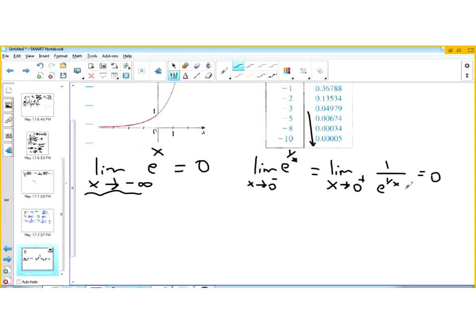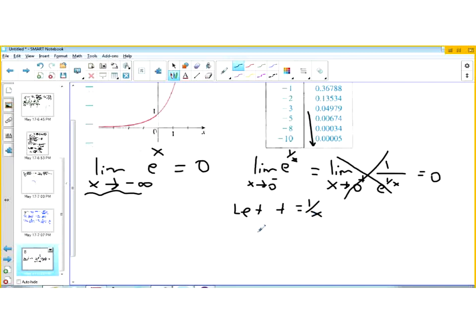But the better way of looking at it is to transform the limit into 1 over infinity. So this way is okay, but it's not the best way. It's not the most efficient way. The most efficient way is to change the exponent, to parameterize the exponent. So if we let variable t equal 1 over x, let's do that.